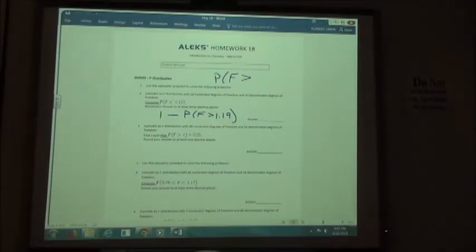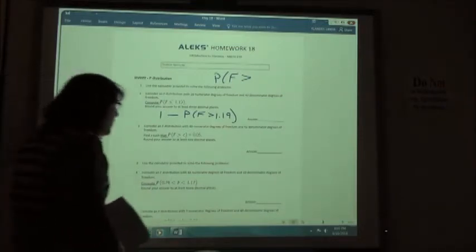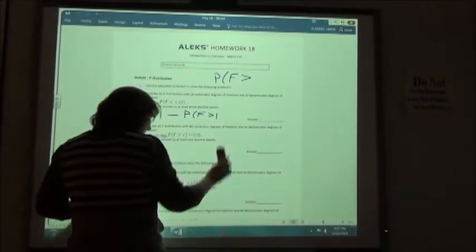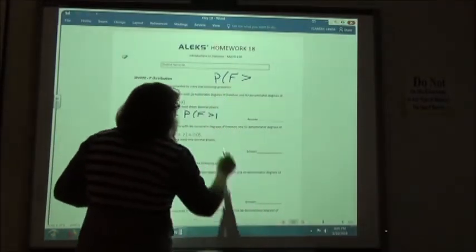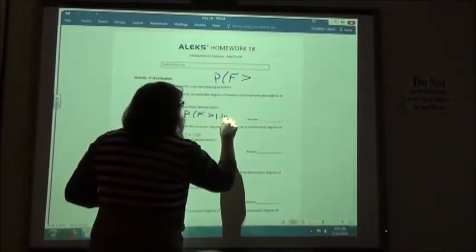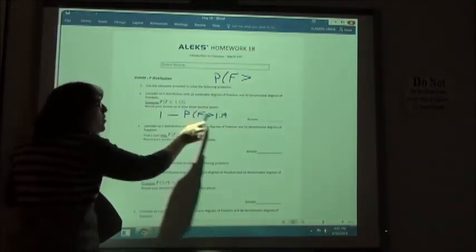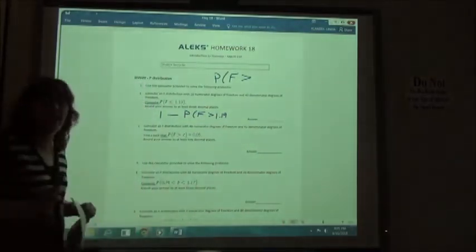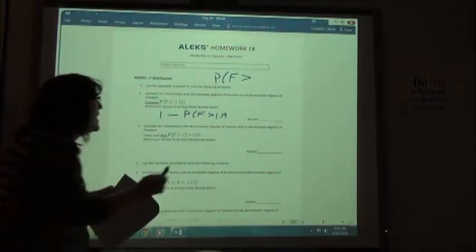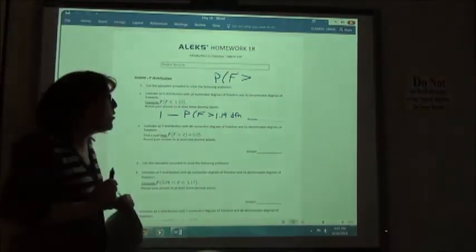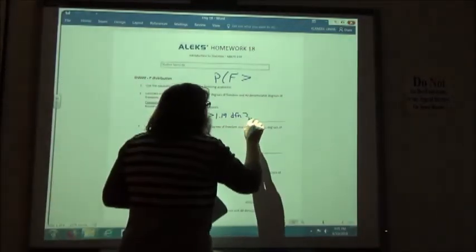Oh, this one I think we do have a numerator degree of freedom and denominator degree of freedom. I better remember those. 1.19. And then this one has a degree of freedom for the numerator and a degree of freedom for the denominator. So when you click that, you'll see DFN, which is the numerator one, which is 28.